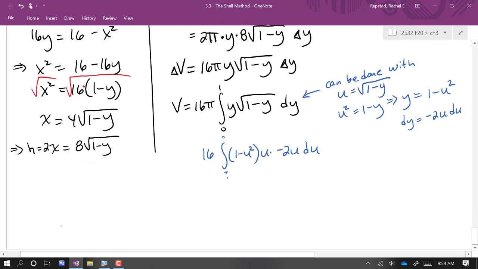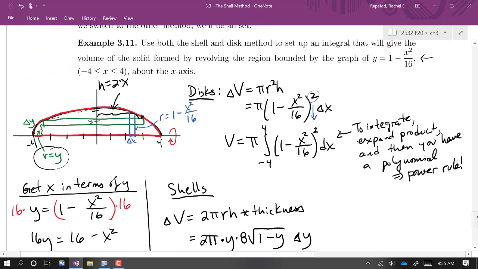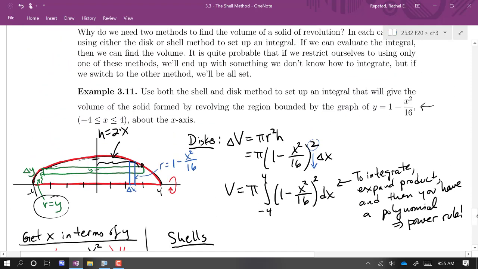But if you actually do evaluate these integrals, both of them will lead to the same result, right? The solid hasn't changed. The solid has a volume. So if we got different results from these two integrals, that would be bad news. That would mean something we did was incorrect. But this volume ends up being 64 pi over 15. So if you want to try it out, that's what you should get.